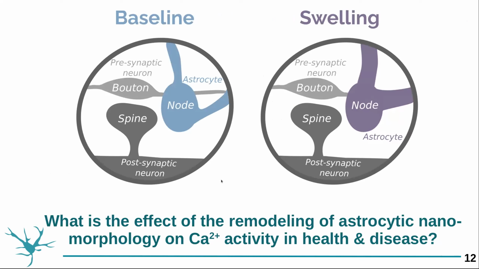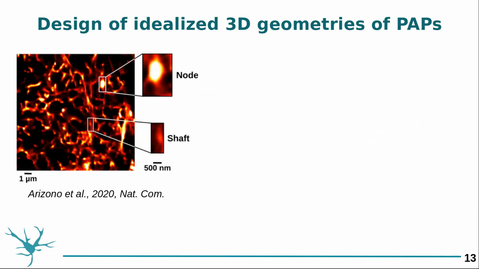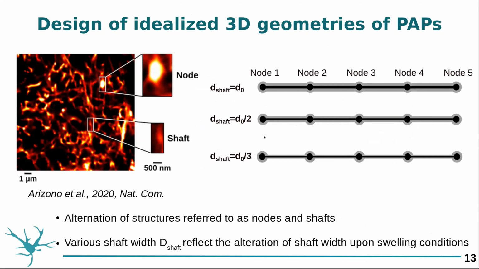So we used this model to investigate the effect of nanoscale morphology of astrocytic processes on local calcium activity. So this is just a reminder of the morphology observed by Arizono and collaborators. And we have used those data and the size of the nodes and shafts measured experimentally to design some idealized geometries that mimic what they observed with STED microscopy.